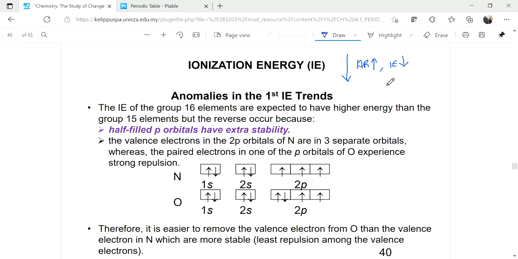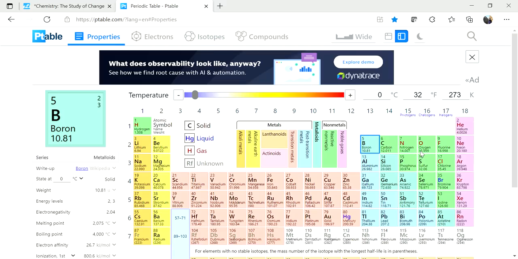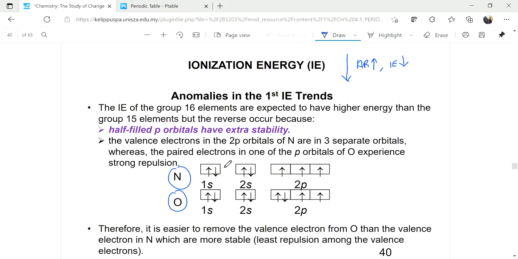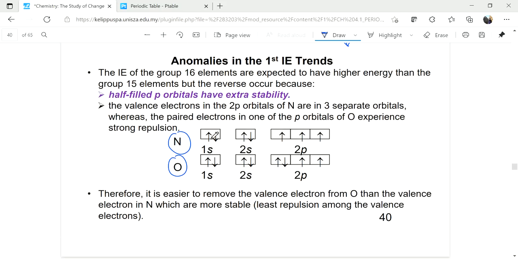However, there are anomalies that happen in nitrogen and oxygen. Nitrogen and oxygen have different trends.